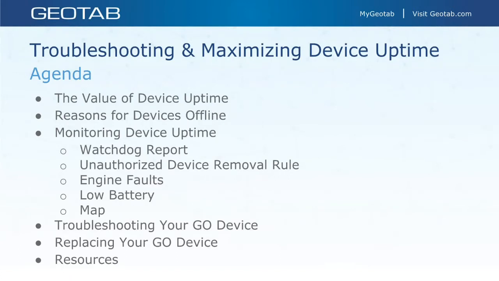After that, we're going to take a look at how to troubleshoot your Go device, the different lights on it, what those mean, and the steps that you can take. If you have a device that is defective, a little bit of information on how you can replace it, and finally we're going to send you off with some resources.